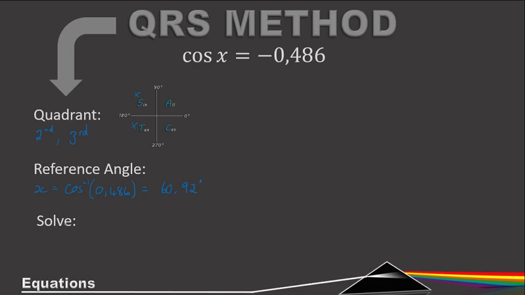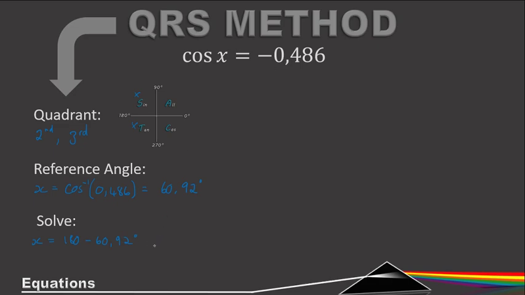Now we simply need to solve. Since we know it's negative in the second quadrant, for the second quadrant we have 180 minus our reference angle. So here x is equal to 180 minus the reference angle of 60,92 degrees, and then we add the period.